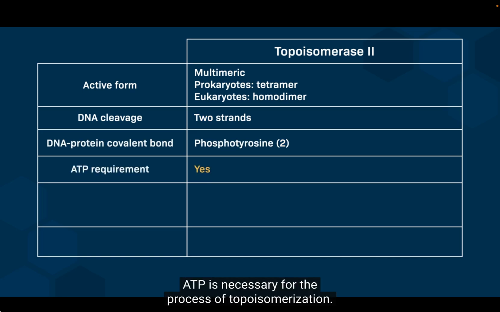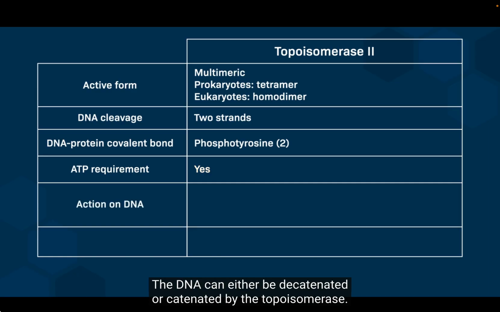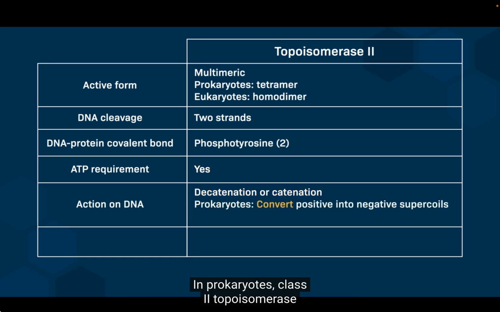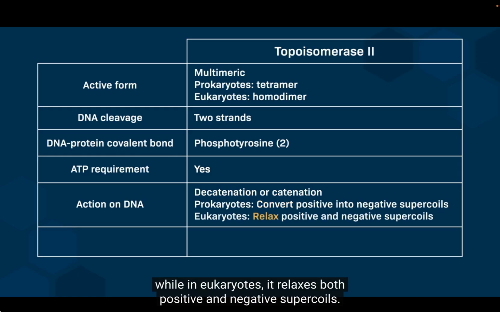ATP is necessary for the process of topoisomerization. The DNA can either be decatenated or catenated by the topoisomerase. In prokaryotes, class II topoisomerase can convert positive supercoils into negative ones, while in eukaryotes, it relaxes both positive and negative supercoils.